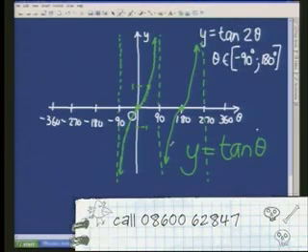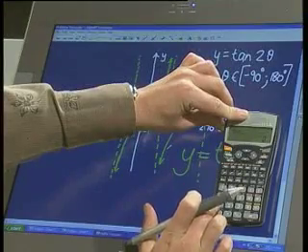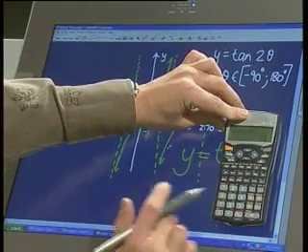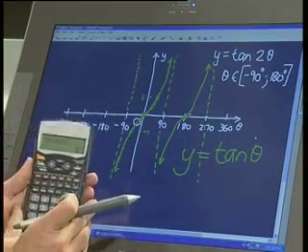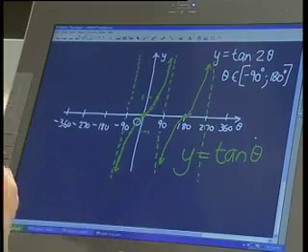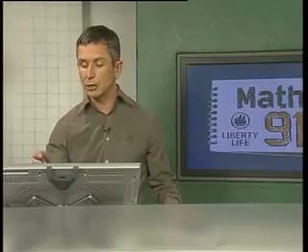And we can check that. Let's check. If we type in tan of 180 degrees, what do we get? We get 0. Tan of 180 is 0. Do tan of 270 on your calculator. Because I've got an asymptote there, tan of 270 is going to give you an error on the calculator.